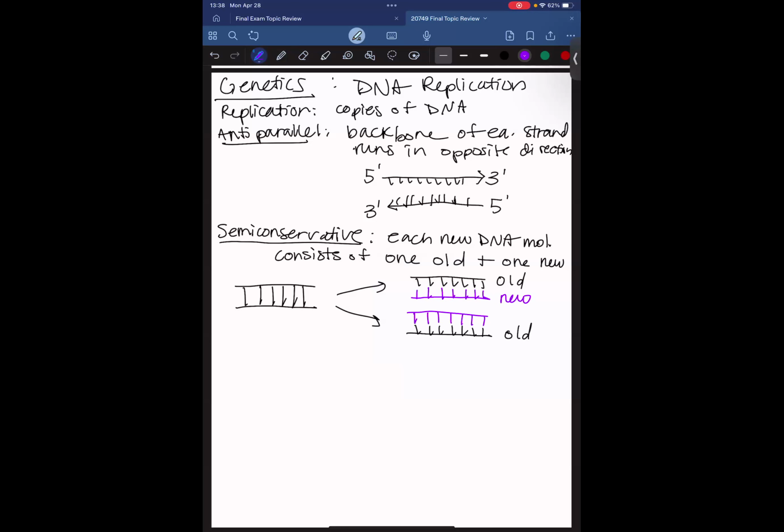And this is based on that concept that in DNA, your nucleotides are A, T, C, and G. A binds with T, T binds with A, C binds with G, G binds with C.